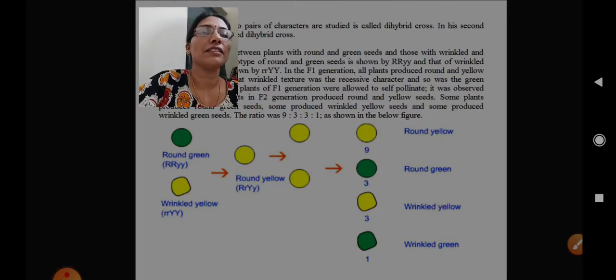This proves that the genes independently segregate out at the time of gamete formation, and at the time of fertilization they again fuse to form the particular character, the particular nature, like round, wrinkled, yellow or green colored.